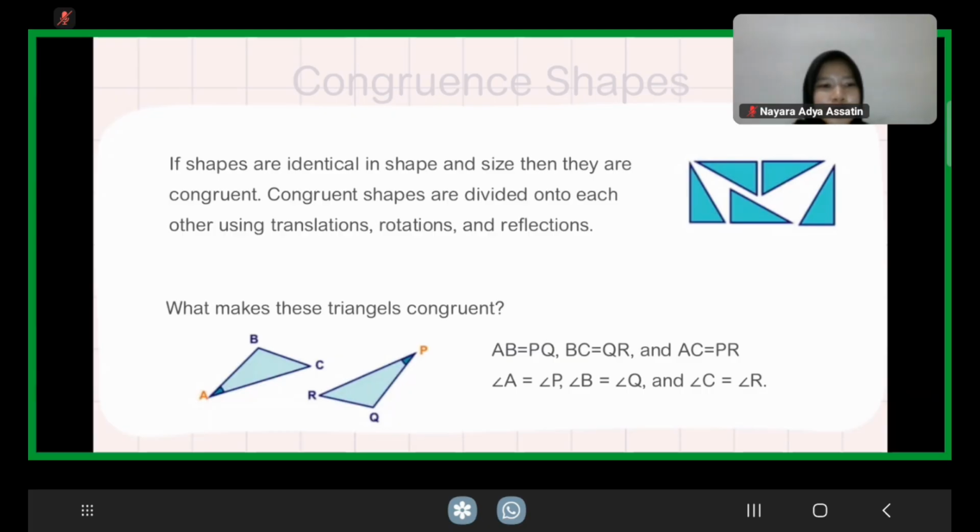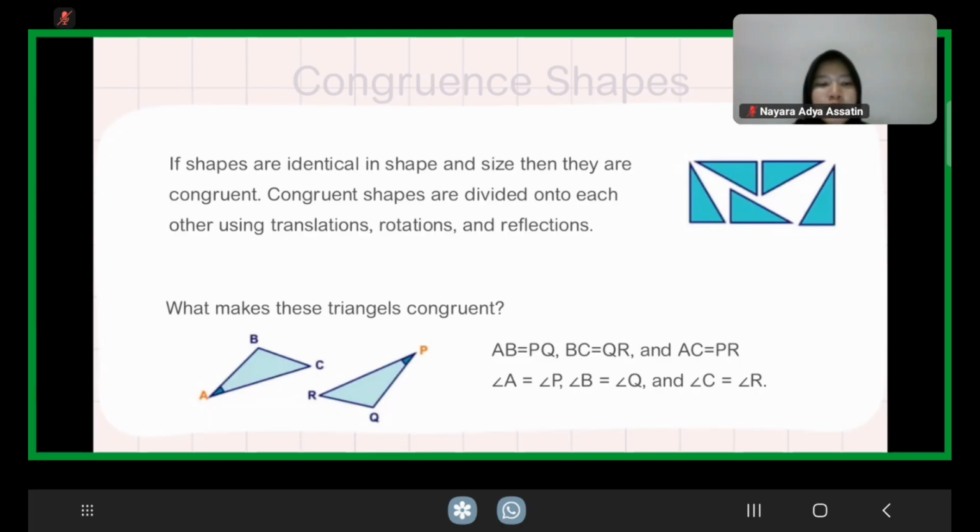Now, see the following triangles. These triangles are congruent. Why? What makes these triangles congruent? Because side AB is equal to side PQ, side BC is equal to side QR, and side AC is equal to side PR.